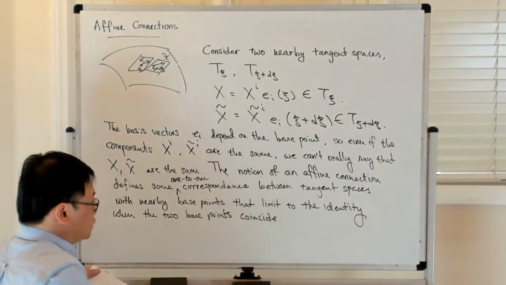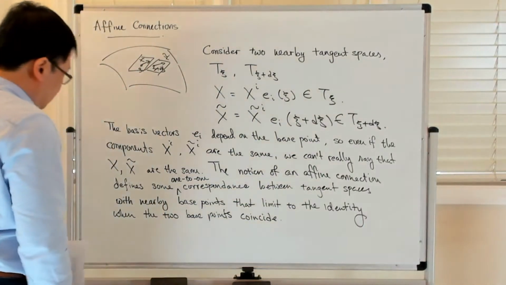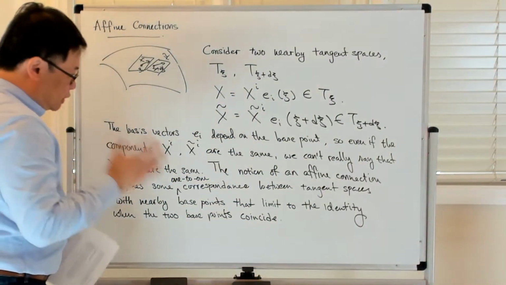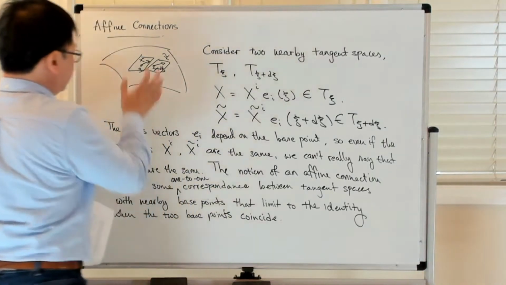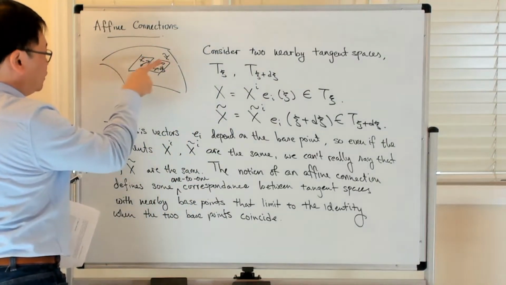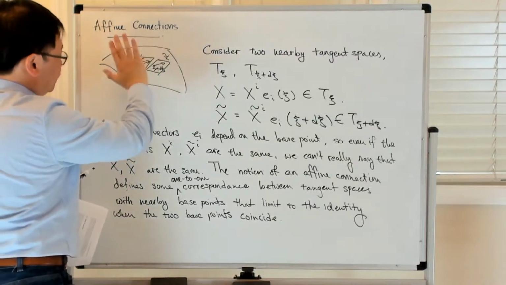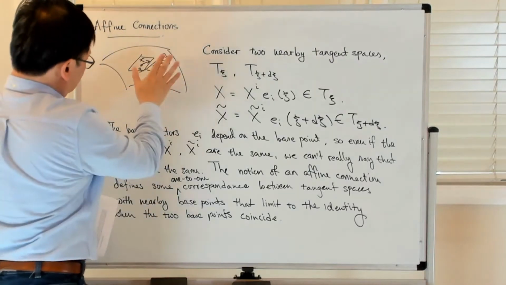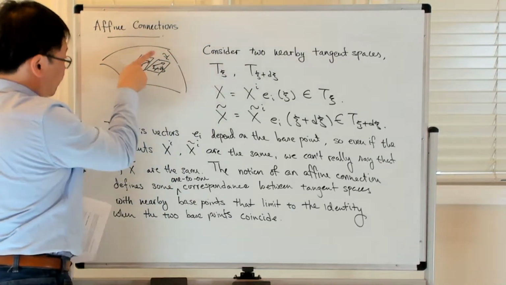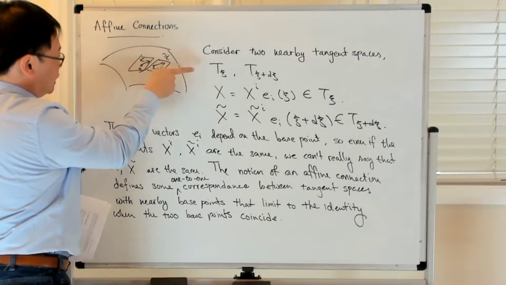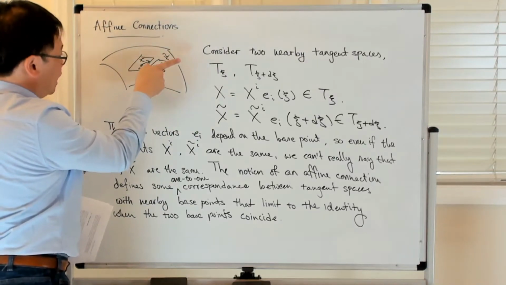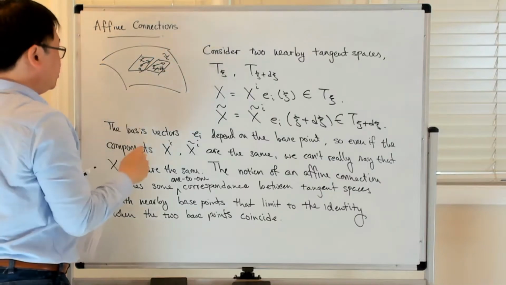Okay, so that's the intuition. The affine connection is going to say that, given any vector at one point, there is a corresponding vector at the other point, which we say is the same vector, so to speak.